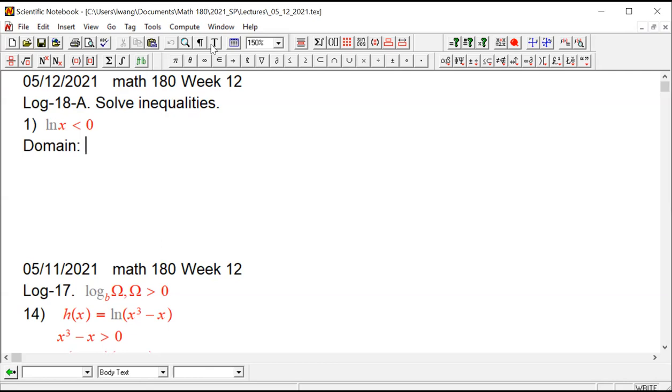And what is the domain here? We're talking about the domain of ln x. Would anybody like to take up that question? What is the domain of ln x?